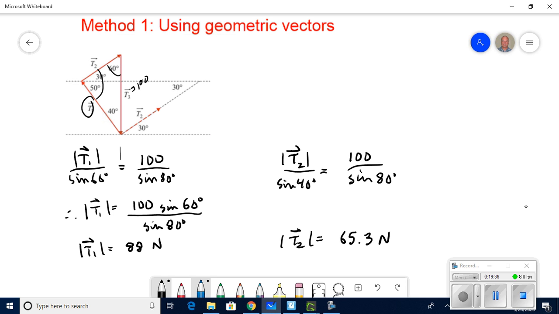Similarly, I do T2 this side here, and that's across from 40, so that's this ratio right here, equal to the same 100 over the sine of 80, cross multiply, and get my two answers here. Leave that there if you guys want, and see how you work on that, and we'll get on to method 2 of solving it algebraically, and with scalar components, we should get the same answer for both, and that'll be the challenge.